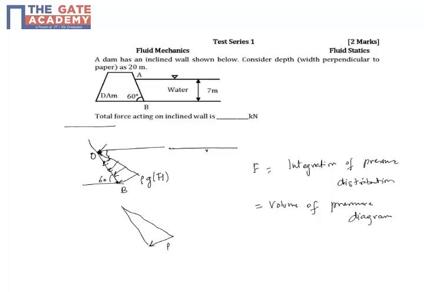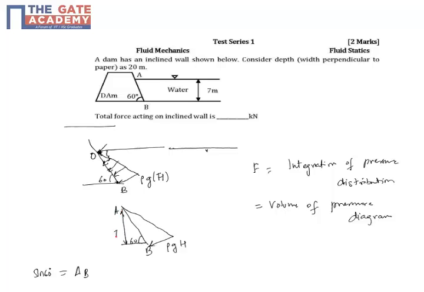So this width is rho g h, and AB is the length AB, which you can find out because the vertical is 7 and the angle is 60 degrees.